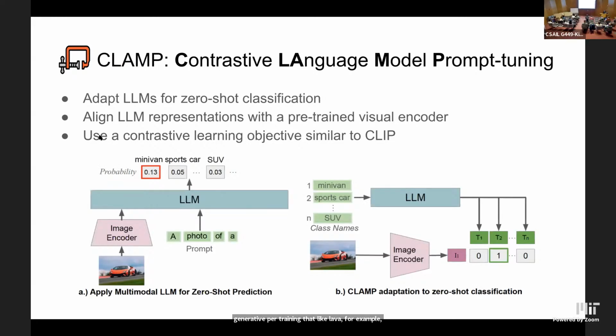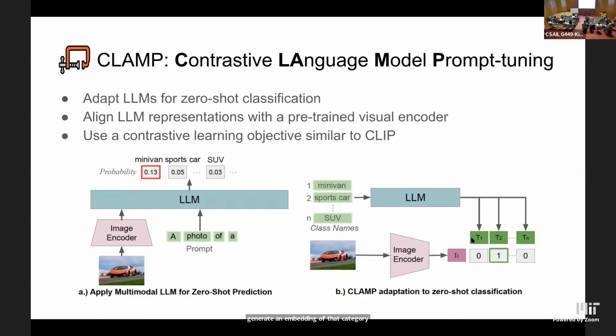Again, to illustrate, we have the current multimodal LLM training, which is generative, predicting the next token, versus what we're doing, which is we feed each category into the LLM, and then the LLM generates an embedding of that category.